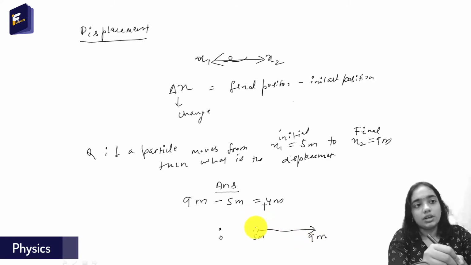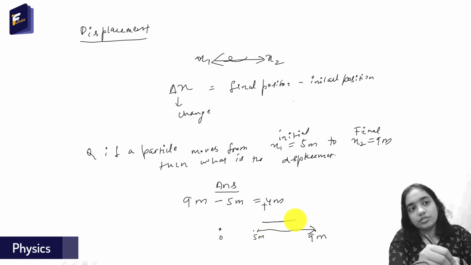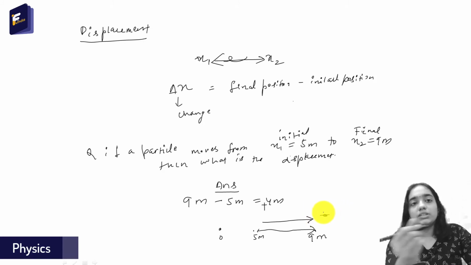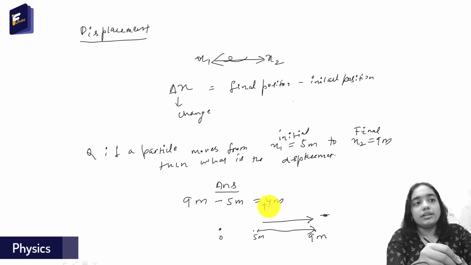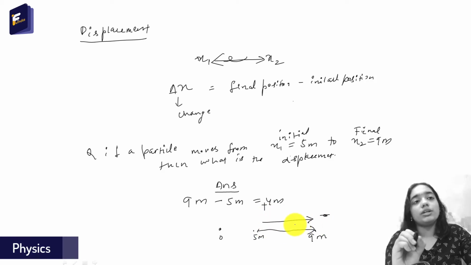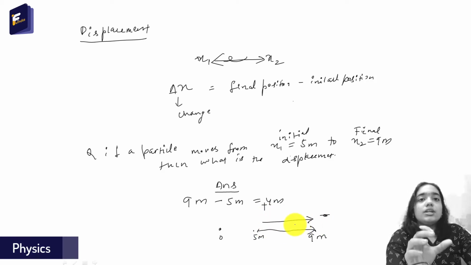The direction in which it travels is the right side. So the displacement is towards the right, and that is the reason it is written +4.